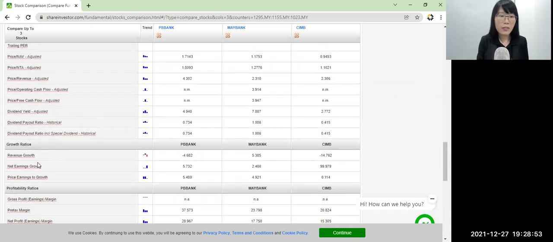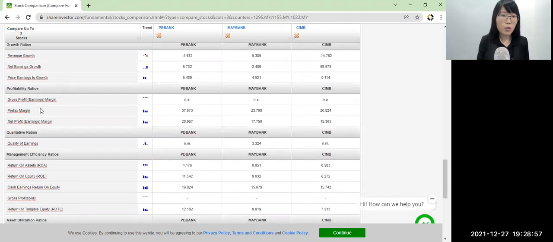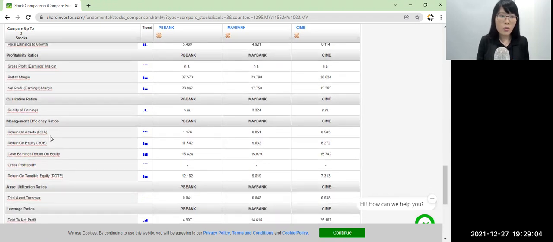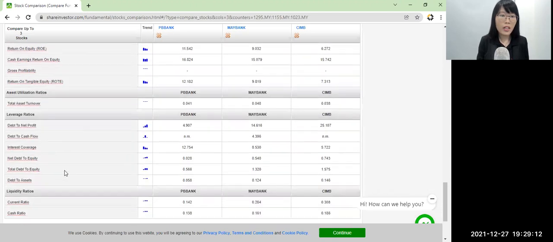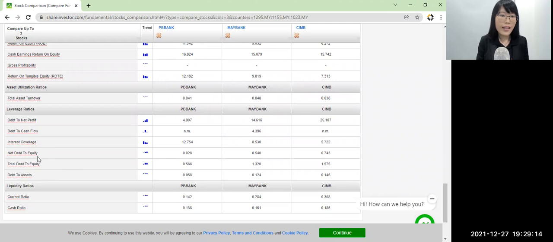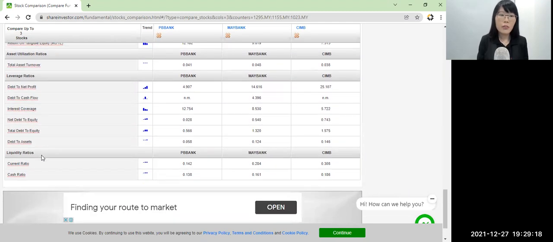Revenue growth, net earnings growth, price earnings to growth, gross profit margin, pre-tax margin, quality of earnings, return on asset, return on equity, total asset turnover, okay, net debt to equity ratio, total debt to equity ratio, current ratio, cash ratio, and so on, okay.